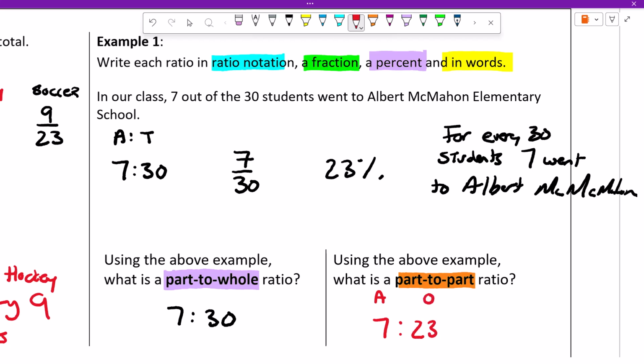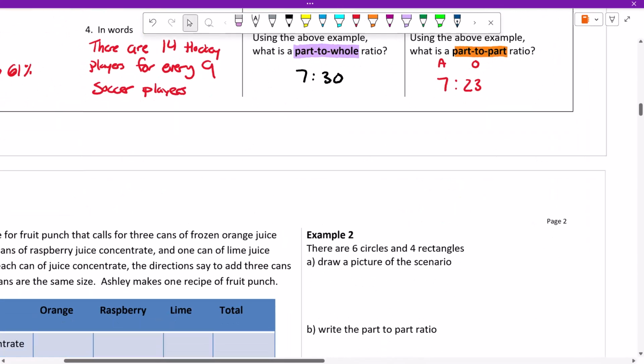So these 23 kids out of the 30 went to all the other elementary schools in this town, right? So part to whole, comparing the thing you're counting to the total. Part to part, comparing the things you're counting to all the other things, right? So slight difference, right? One's a total, one's comparing parts. Okay.